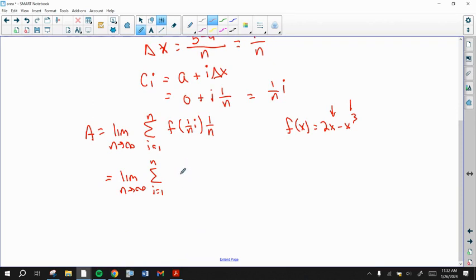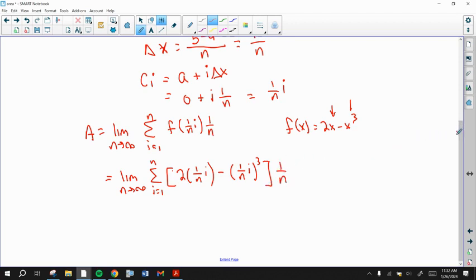So we're going to have 2 times 1 over n times i, minus 1 over n times i, cubed. And that's all times the delta x, which is 1 over n.